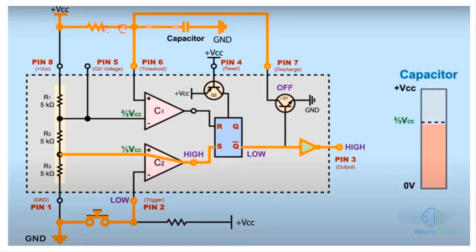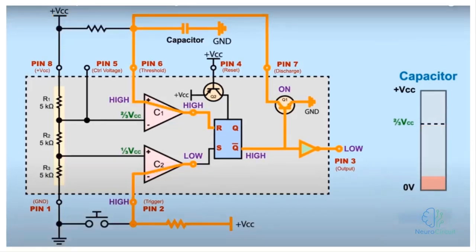At this point, when pin 7 is no longer connected to the transistor, that is, its transistor is off, it causes the capacitor in this section to draw energy from VCC, so to speak, and store it until, as you can see in this diagram, it reaches 2/3 of its value.